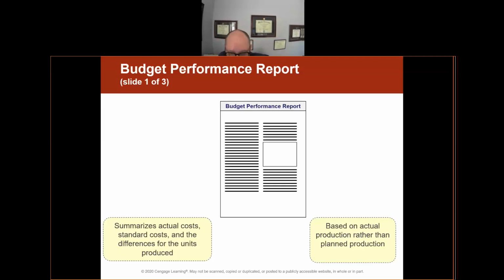Nice way of thinking about that is the actual cost compared to the standard costs. The difference between the actual and the standard is called the variance. The budget is based on the actual production rather than the planned production.